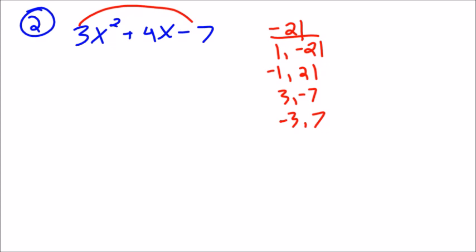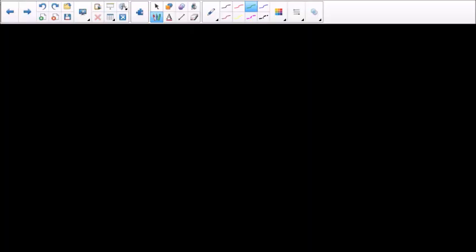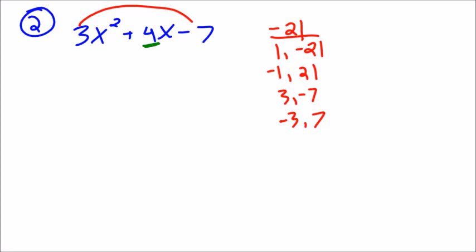So now we need to figure out which of these pair factors adds up to the middle coefficient, which in this case is 4. And if we look at it, it looks like negative 3 and 7 add up to positive 4. So that's what we're going to use to break this up.